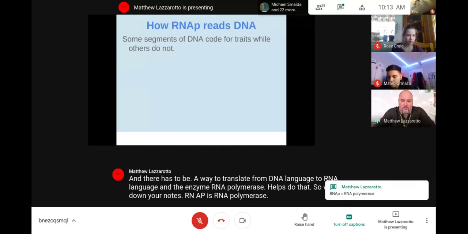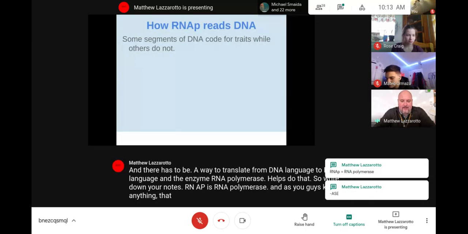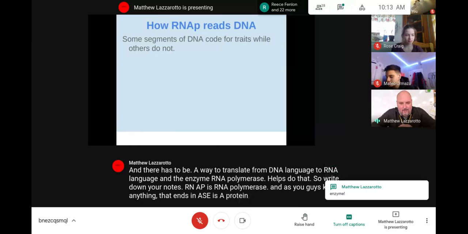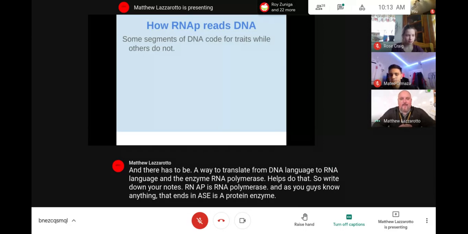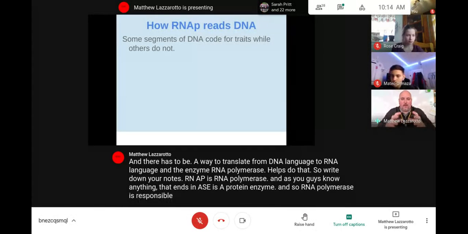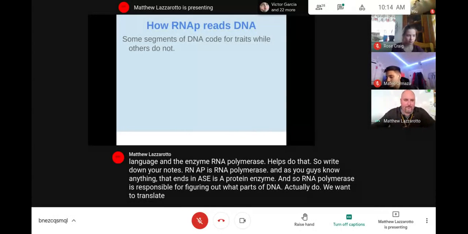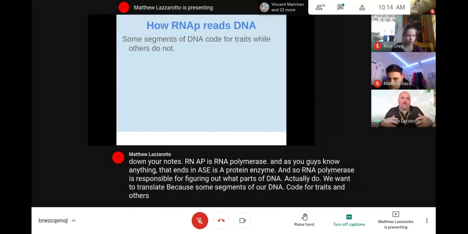And as you guys know, anything that ends in ASE is a protein enzyme. And so RNA polymerase is responsible for figuring out what parts of DNA we actually want to translate, because some segments of our DNA code for traits and others don't. It's just extra DNA.